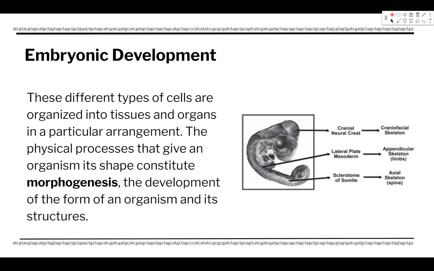So morphogenesis is the development of the physical form, and cell specialization is how morphogenesis happens. We've got this seahorse looking thing, where we've got an area that becomes our skeleton for brain support. Some of them become the skeleton for limb movement, and then one of them becomes the spine. And we've got all of these special signals that get that embryo to be the shape that it needs to be.